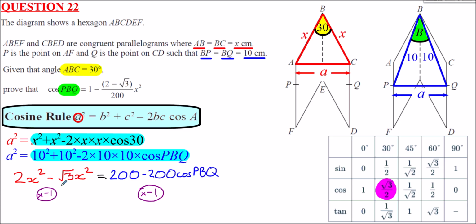And if I do that, this minus root 3 is going to become a plus root 3 x squared. It just switches the signs from plus to minus or minus to plus if you multiply by minus 1. So this 2x squared becomes a minus 2x squared. On the other side, the minus 200 cos PBQ becomes plus 200 cos of PBQ. And that positive 200 becomes a minus 200.